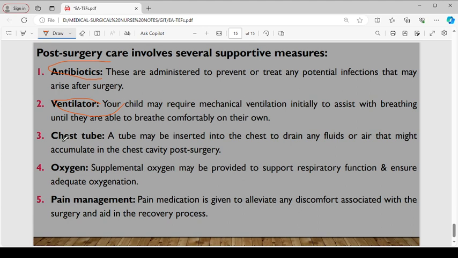We could also insert a chest tube in the chest to drain any fluid or air that might accumulate in the chest cavity post-surgery. And also supplemental oxygen may be provided just to support the respiratory function and ensure that there is adequate oxygenation. Lastly, pain medication can also be given to alleviate any discomfort associated with the surgery and aid in the recovery process.